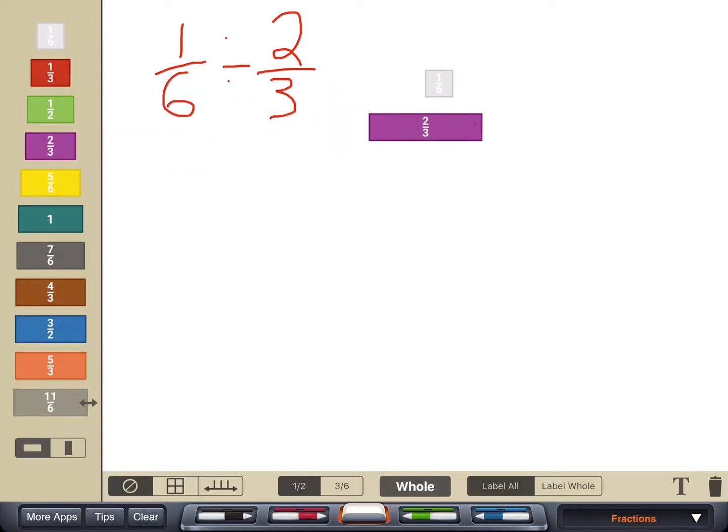How much of my 2/3 will go into it? And you can probably see visually, or you otherwise know, that 2/3 will break down into 4/6. So 4 parts. One of those parts will go into 1/6. So the answer is going to be 1/4. But how do we do this with invert and multiply?